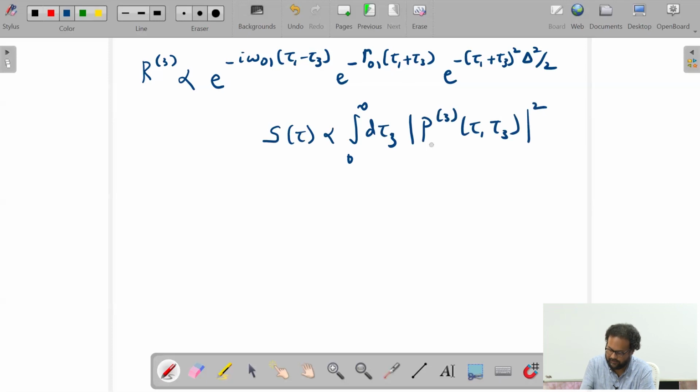Remember, this is a function that one could simulate. I'll show you some forms of the nonlinear polarization extracted from this impulse response function.